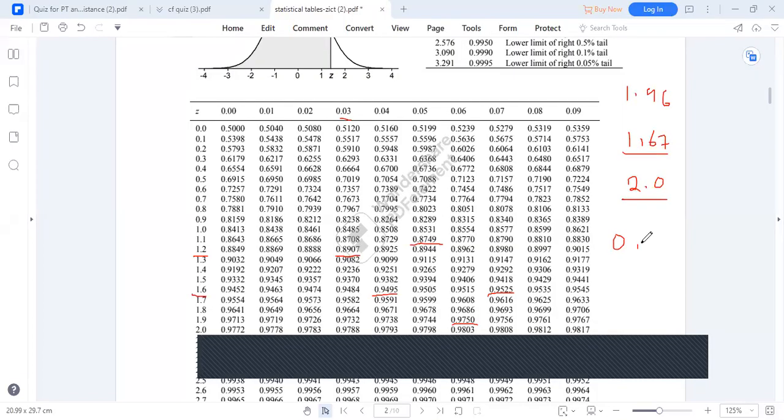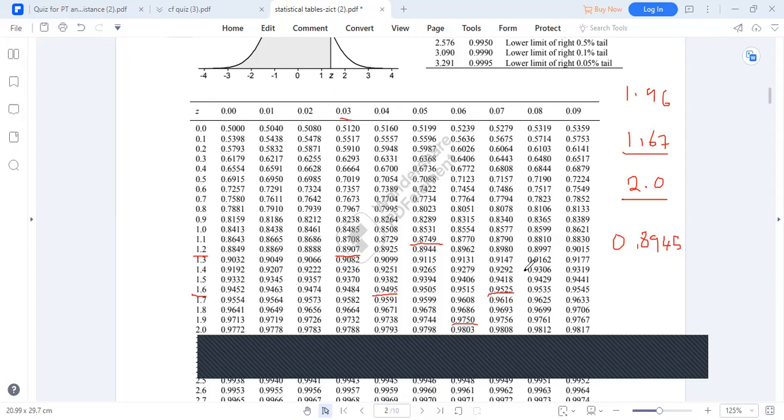Now give me the reading for 0.8945. If you don't have the exact, you get the closest possible.